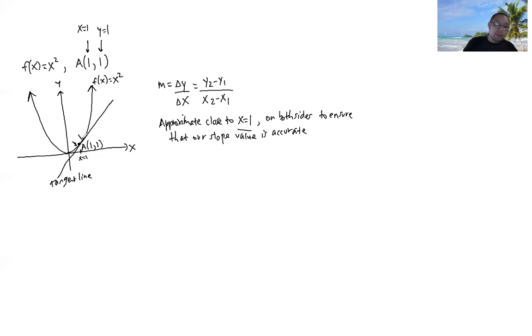And then we're going to pick a point real close on the right-hand side of it. So for these purposes, let's first do our left-hand side approximation. We're going to choose x is equal to 0.999. So super duper close to 1, but not 1.